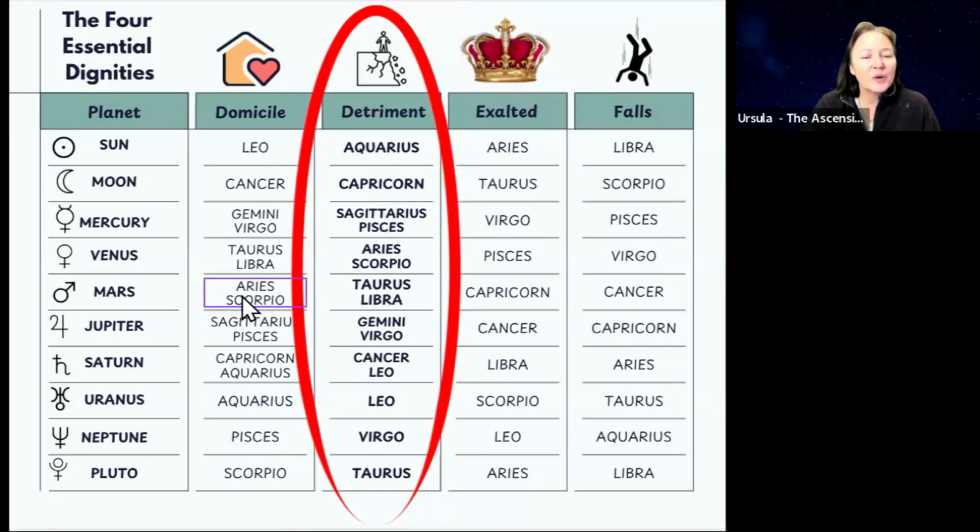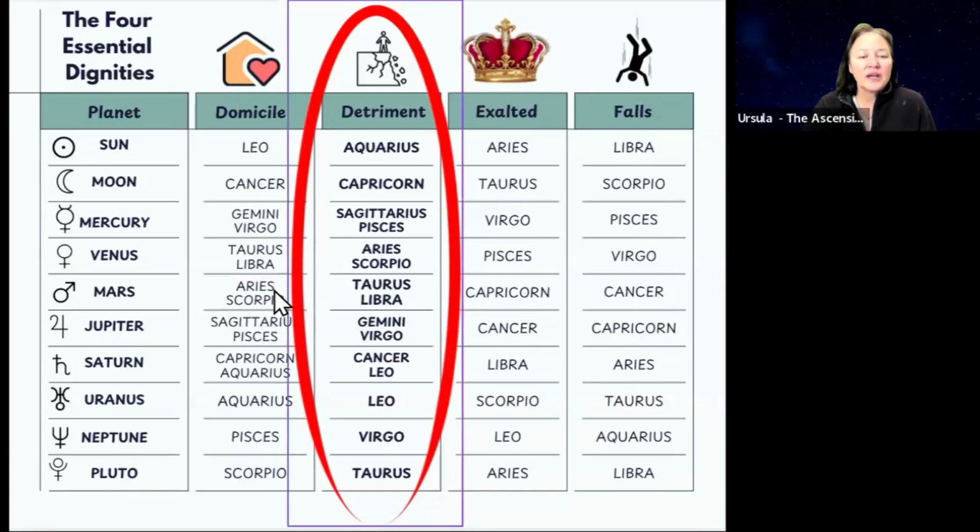Mars is at home in Aries and is the ancient ruler of Scorpio. So Mars, the planet, will feel very well if you have a natal Mars in Aries or Scorpio. They are both in domicile. The detriment would be the opposite: the opposite of Aries is Libra, and the opposite of Scorpio is Taurus. So one would say if your Mars is in Taurus or Libra, it is in detriment.